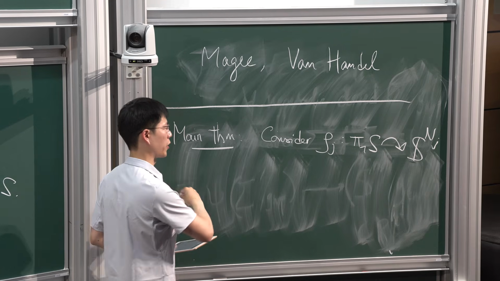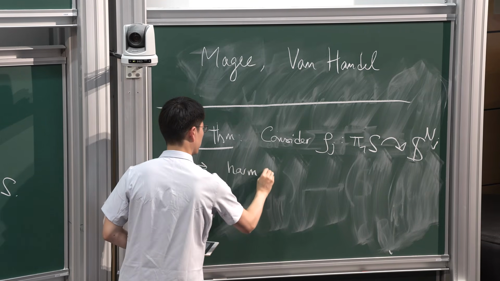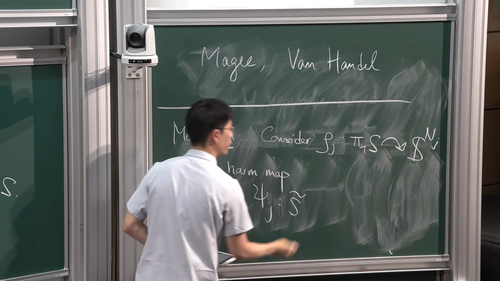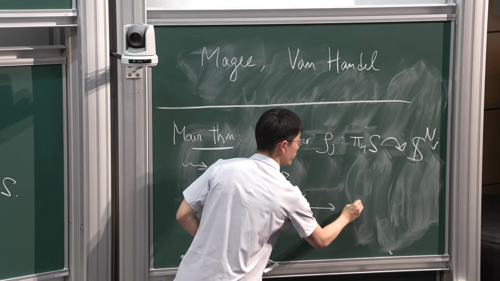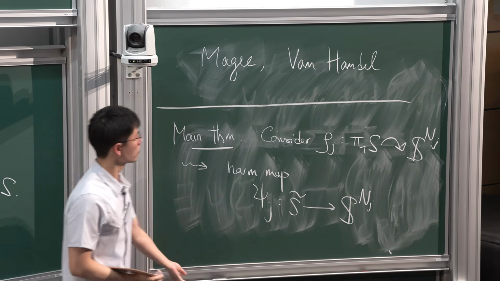Because of standard harmonic map theory, you get a harmonic map from the universal cover of S to your Euclidean unit sphere.